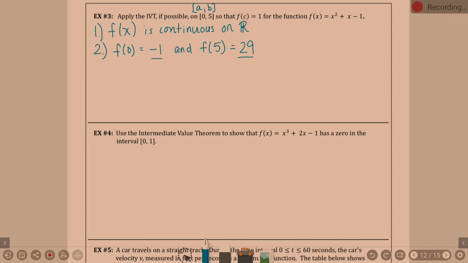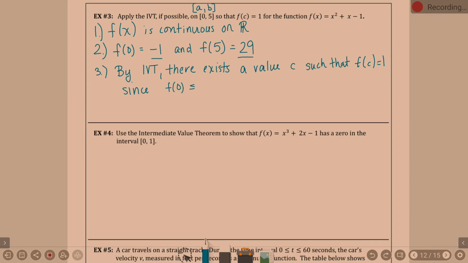Now, this is where I have my fancy answer written out. And I'm going to say, by IVT, there exists, okay, that word keeps coming up because it's an existence theorem, a value c such that f of c equals 1 since, what I would probably say is f of 0 is less than or equal to f of c, which is less than or equal to f of 5.